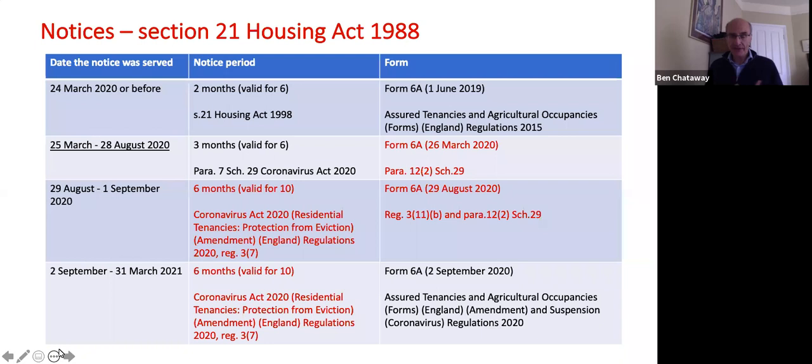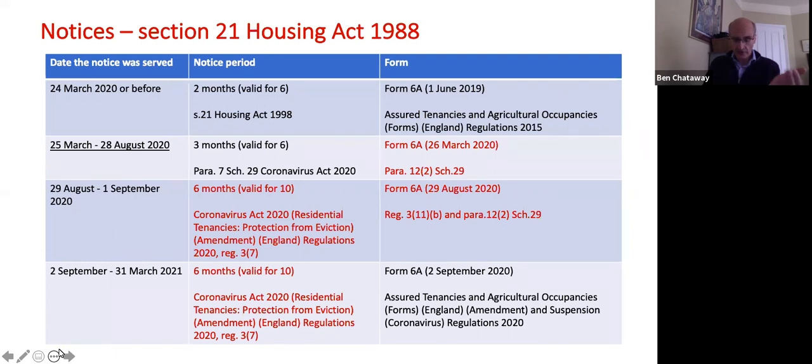So we're going to talk through that first. And you'll see on this table on the left are the various periods during which a notice might be issued. And the notice period and the form of the notice depends on when the notice is served.